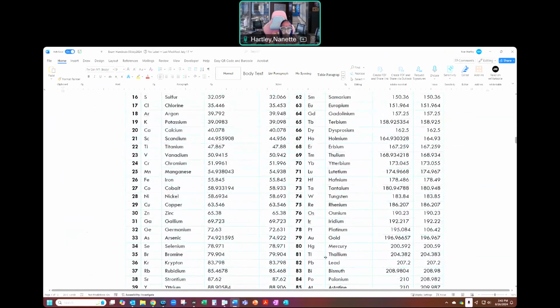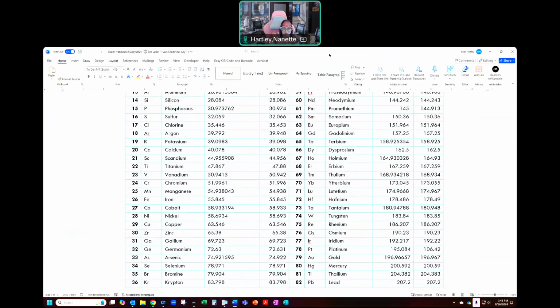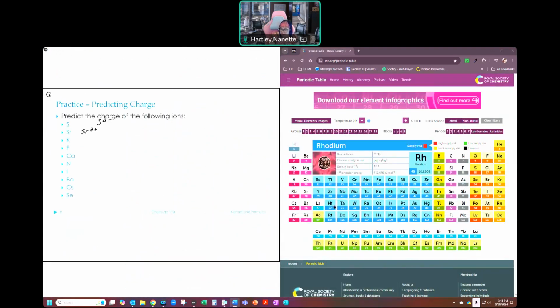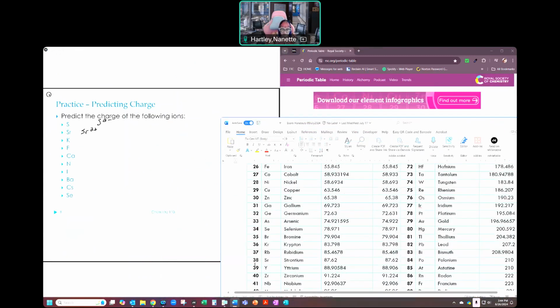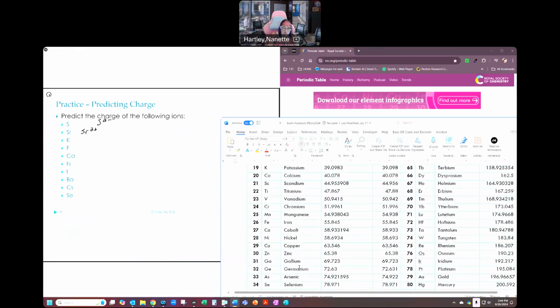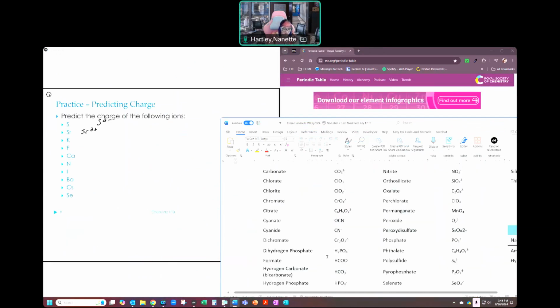So if I'm looking for Sr, I only know where he is because he's over here. He's 38, so I can see he's right there. And he's Sr and he's strontium. On my periodic table, 38 Sr strontium.